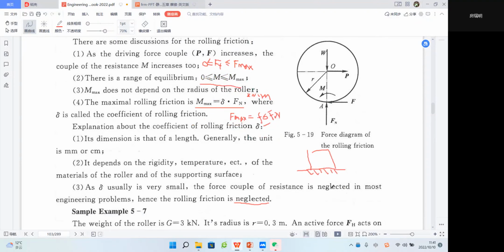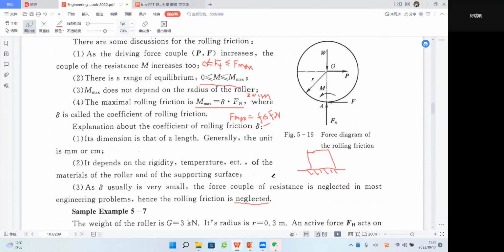But anyway, you should know this concept, especially when the body shape is cylindrical or spherical, a 球, right? We should know there is a kind of rolling resistance.